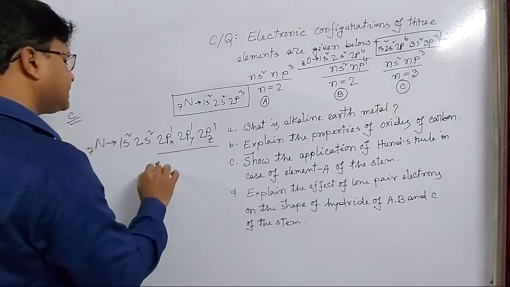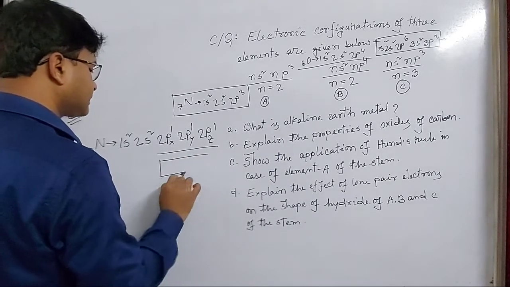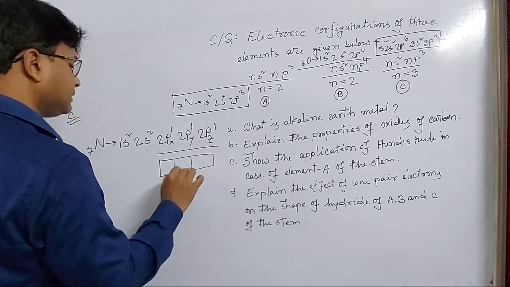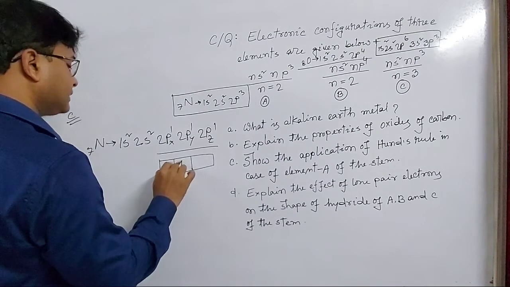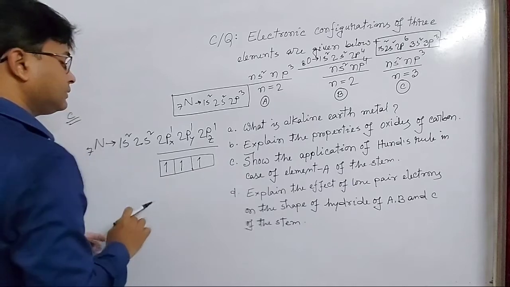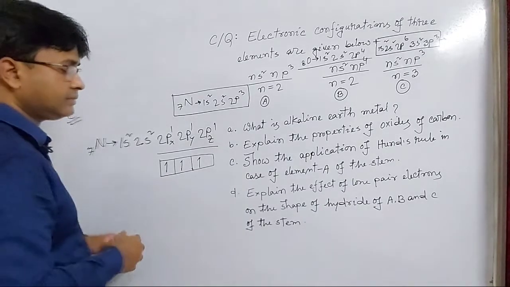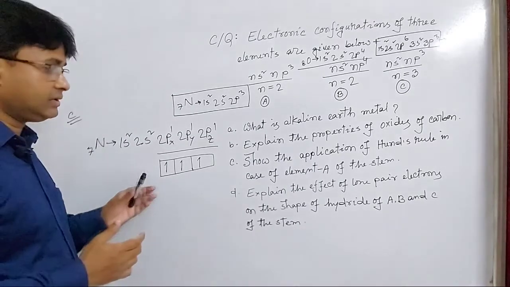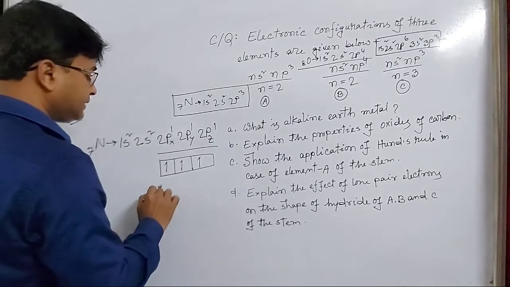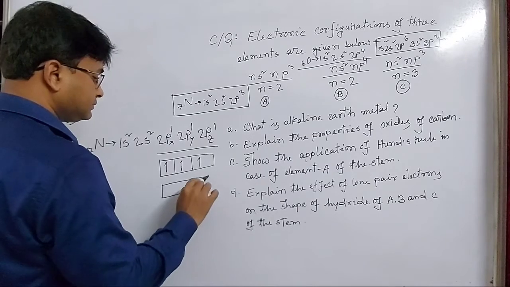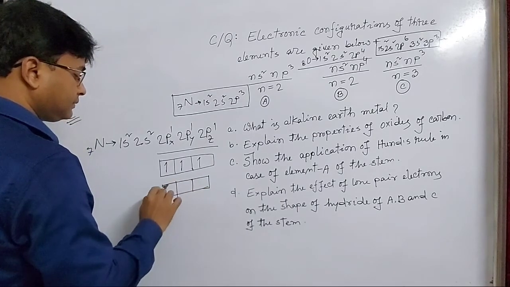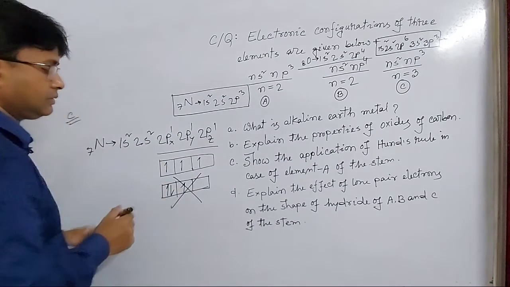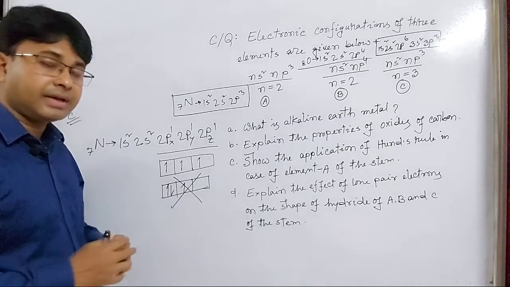And in case of degenerate orbitals, electrons would like to stay as single electrons, and in this case their spin direction must be the same, and this is actually Hund's rule.